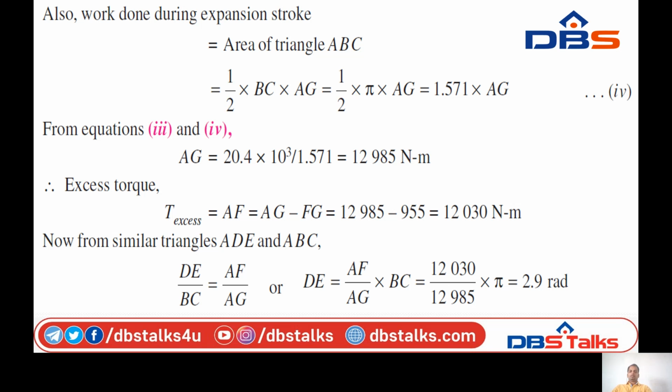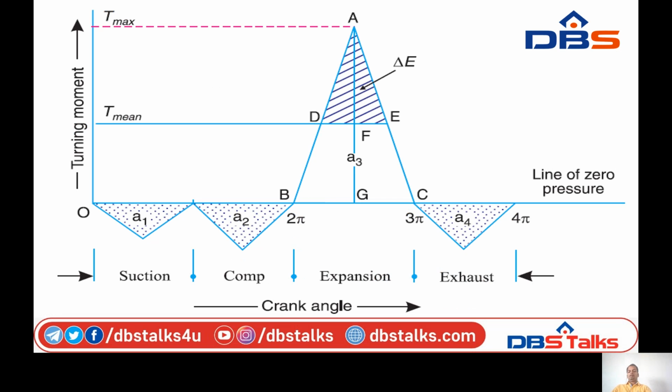So mean T excess, AF, is equal to AG minus FG. That is 12,985 minus the FG value we previously took, 955. It is totally 12,030 newton meter. Now from the similar triangles ADE and ABC, the same procedure we discussed in the first problem, every problem follows the same procedure.